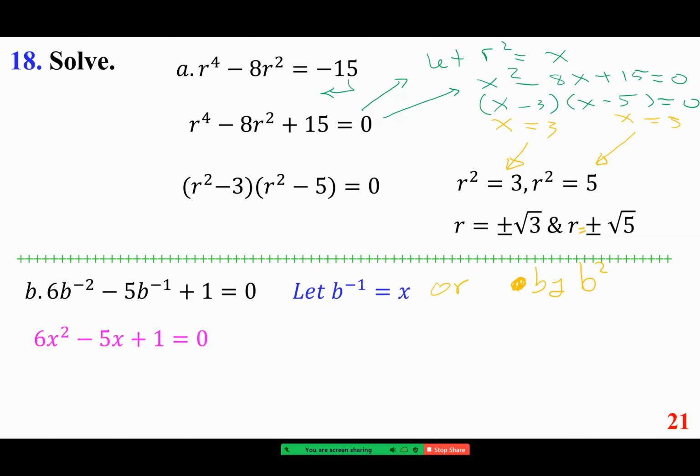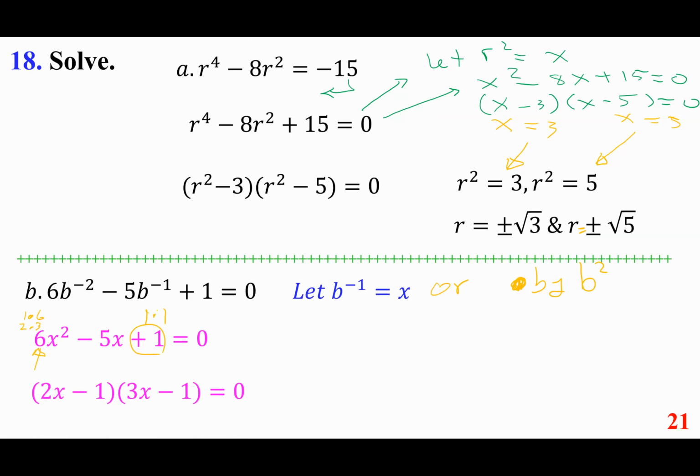Either way is fine. And this is a simple factoring because 6 is either 1 times 6 or 2 times 3, and 1 is simply 1 times 1, both of them having the same sign. And so it's a trial and error. There are other methods, 2x minus 1 times 3x minus 1. I've gone through the process for you.